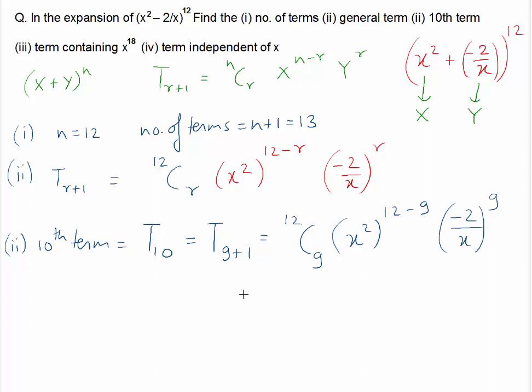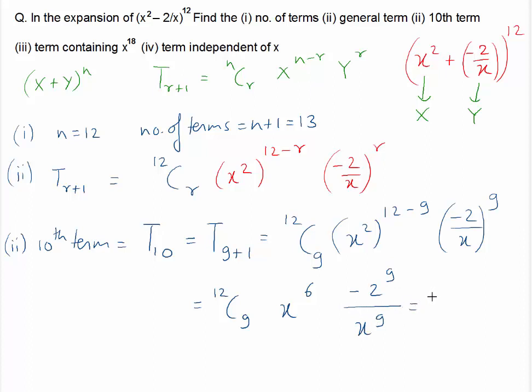So this would be equal to 12C9 x to the power, this would be 3, so 3 multiplied by 2 will give us 6, and this would be (minus 2) whole to the power 9. So this would be minus 2 to the power 9 divided by x to the power 9.